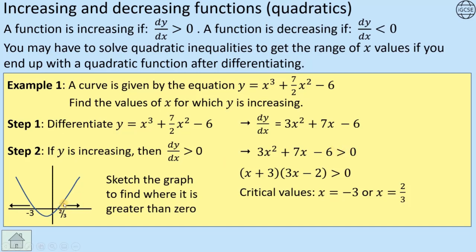So when are my lines above the x-axis? Well, to the right hand side of this 2/3 and to the left hand side of minus 3. So that means when it's less than minus 3 and it's bigger than 2/3. All right, so I write that down: when x is less than minus 3 and bigger than 2/3.